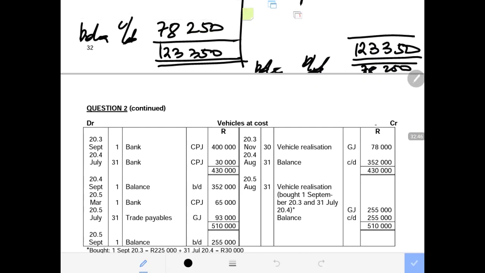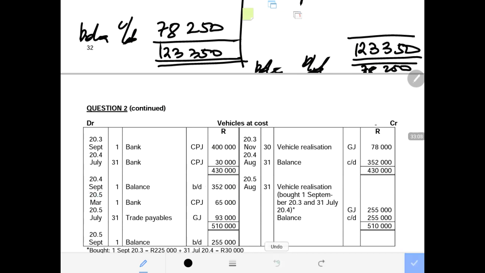Our vehicles, very similar again. We have vehicles at the cost, and the opening balance is on the 1st of September 2003, which is the previous year. Once again, we are starting our year on the 1st of September 2004. Do you see that? So our opening balance is this amount.